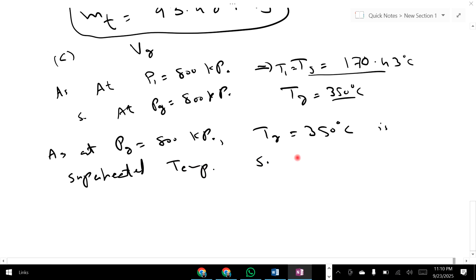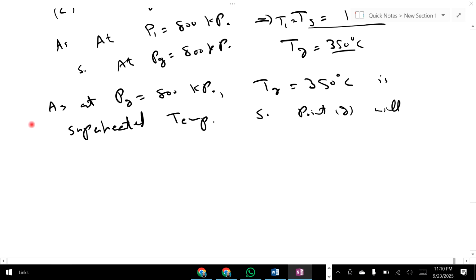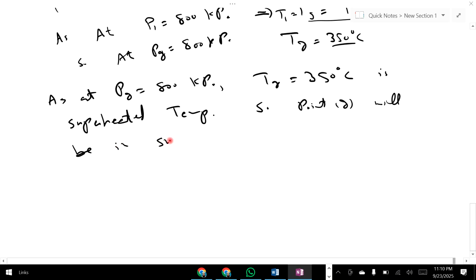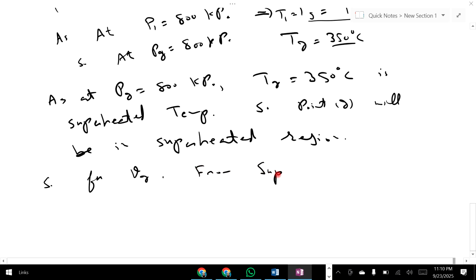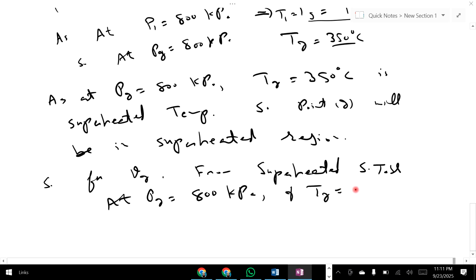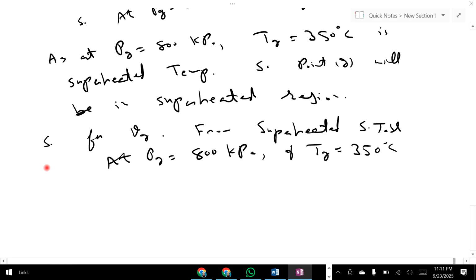So for V2, from the superheated steam table at pressure P2 is equal to 800 kilopascal and T2 is equal to 350 degrees centigrade, find V2. So this is specific volume.